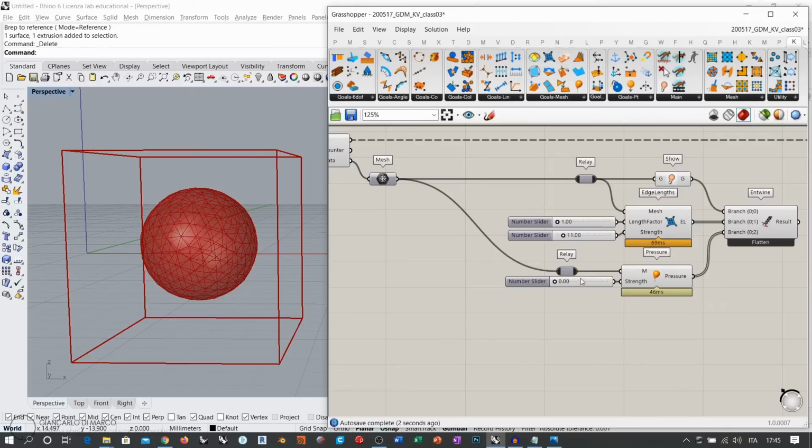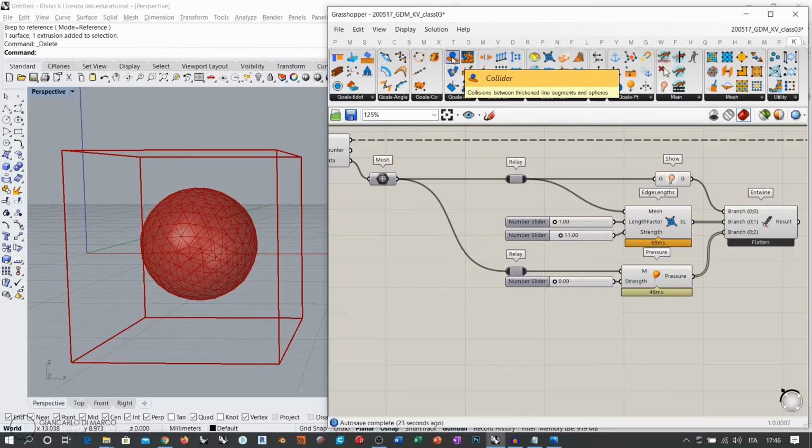And another thing that we were already seeing with the lines is that we can support this kind of expansion phenomenon with another thing, which is a collider. But in this case, I wouldn't use a collider because we are talking about a mesh. Remember that the collider only works with points and lines.